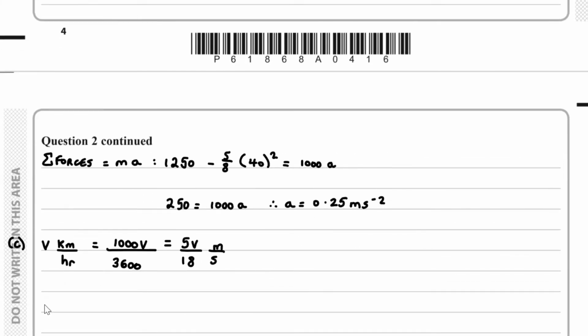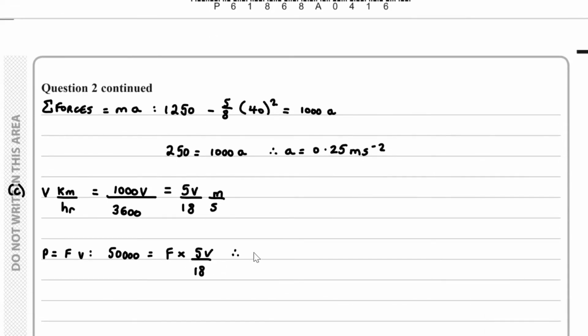So we've got over here P equals F times by V. So we've got 50,000 equals F multiplied by 5V over 18. So with this we can find out what F is.